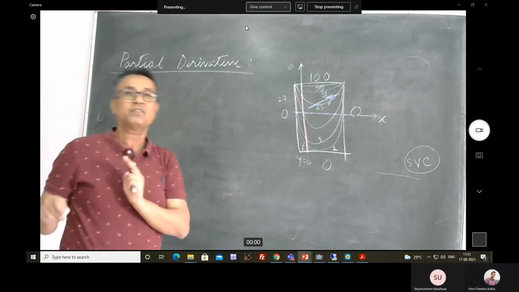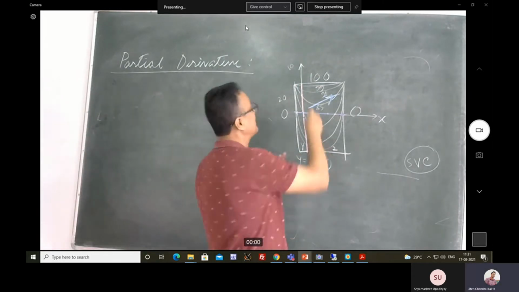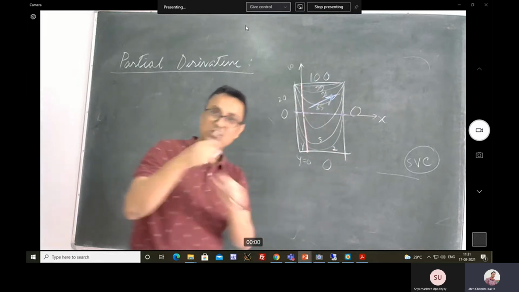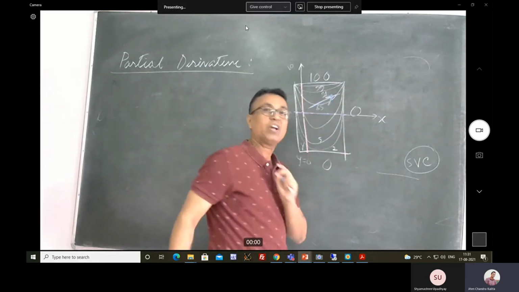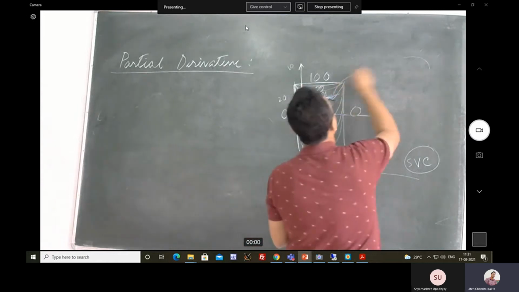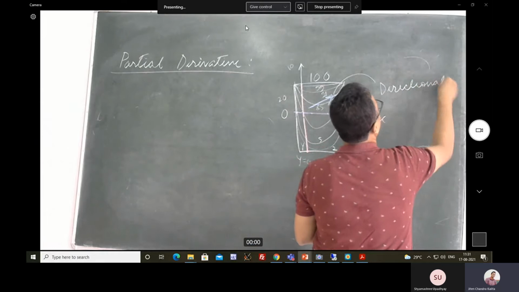After a while, maybe after 4 or 5 classes, we are going to deal with the rate of change. Again, that is going to lead me to some kind of derivatives. Rate of change along an arbitrary direction is going to be called directional derivatives.